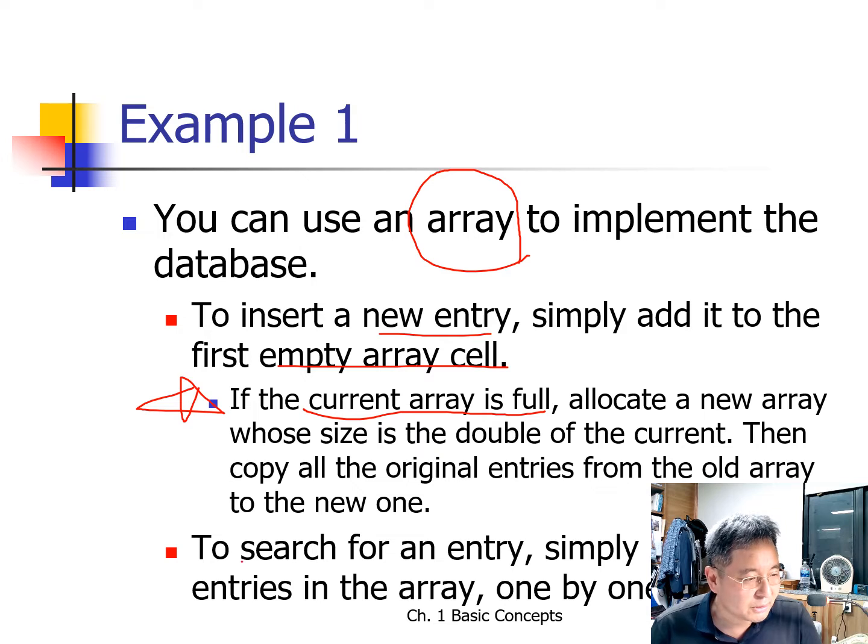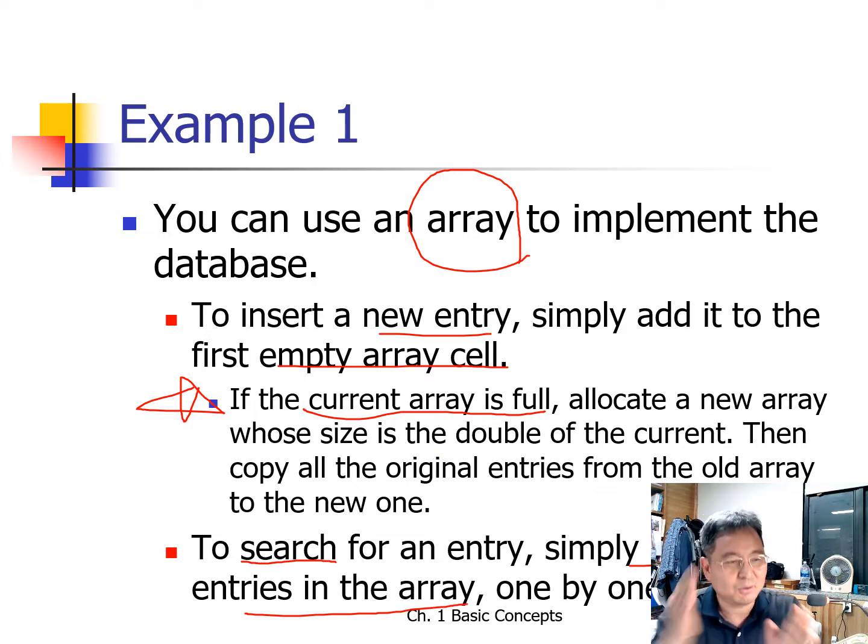And also, in order to search for a student in the database, we must look at all entries in the array one by one. Sequential search is necessary. Okay, is it efficient or not?